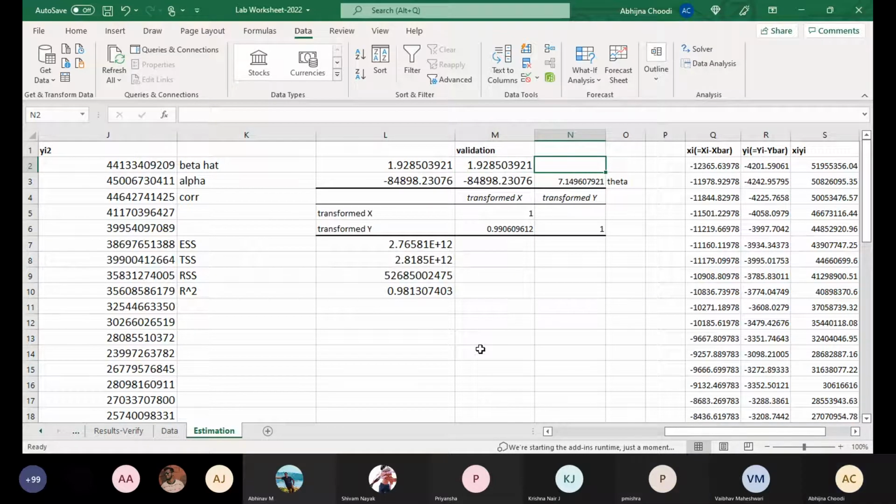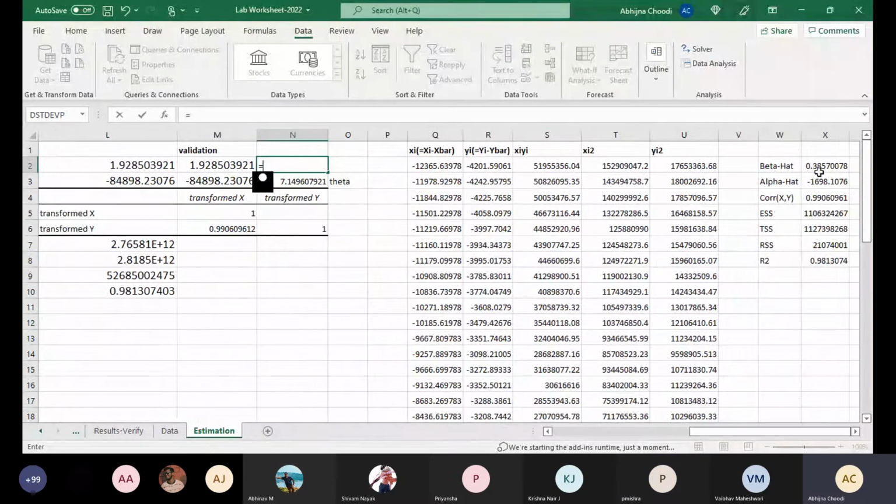So what is it? You write an equal sign. Go to the old beta hat. Yes, that's what I did. It's x2. So you have done validation with respect to this.